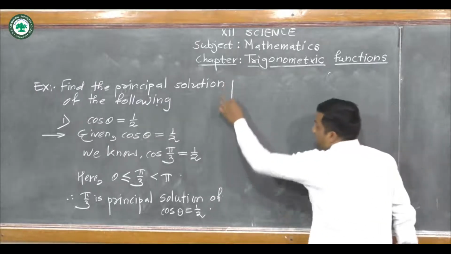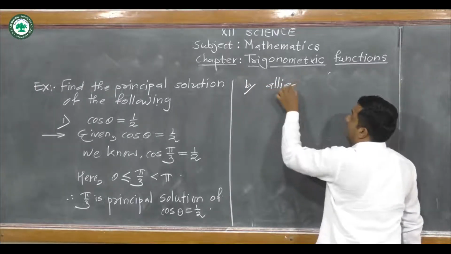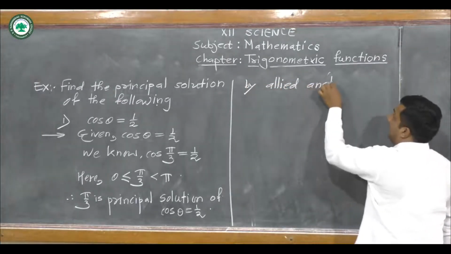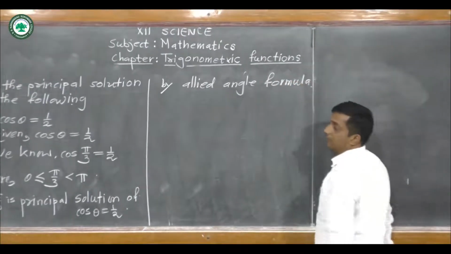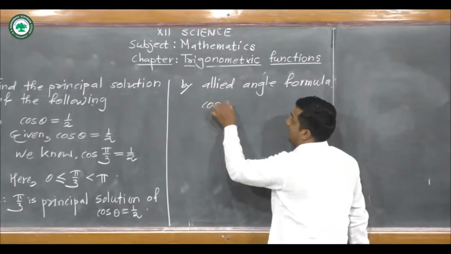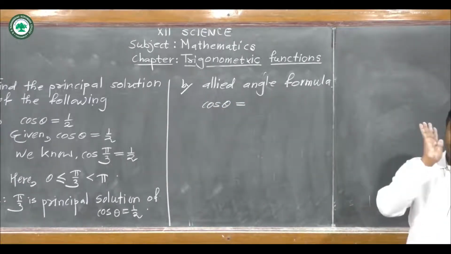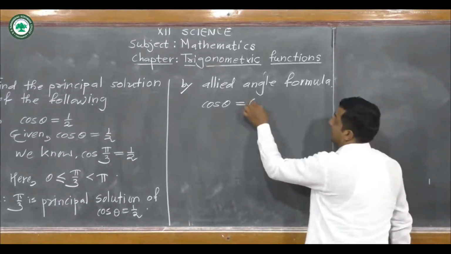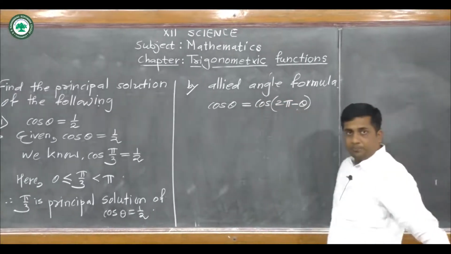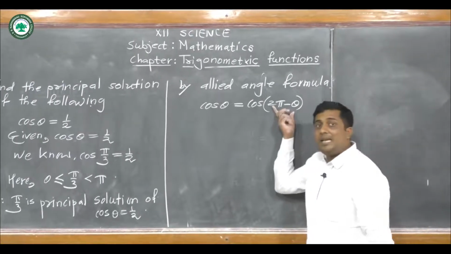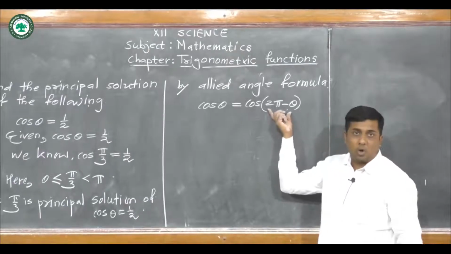So by allied angle formula, we know cos theta is equal to cos of 2 pi minus theta, which is in the fourth quadrant, and we have to find the angle from the fourth quadrant.